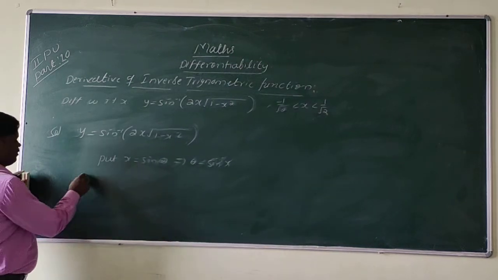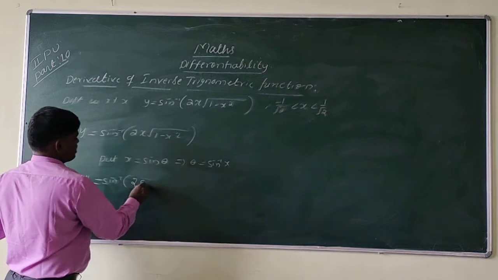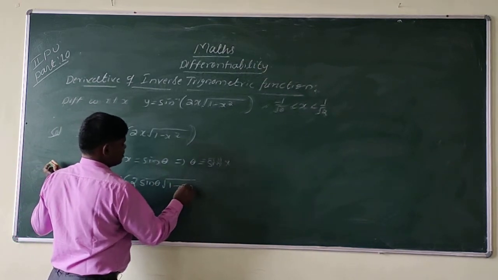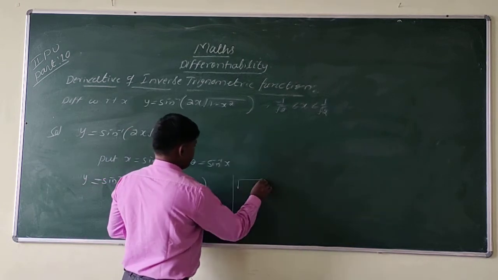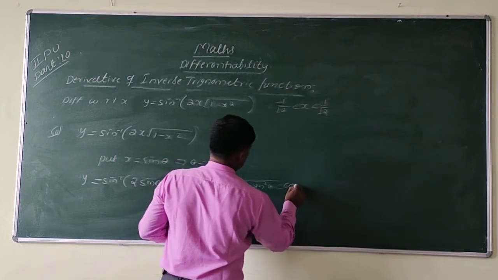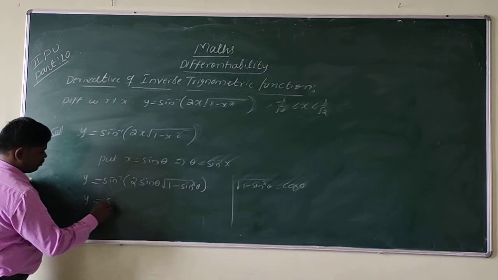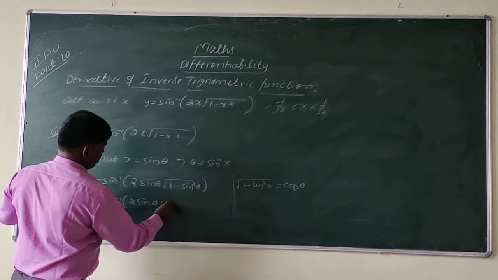Therefore the given equation becomes y is equal to sine inverse of 2 sine theta into root of 1 minus sin square theta. Root of 1 minus sin square theta is nothing but cos theta. So this is sin inverse of 2 sin theta into cos theta.